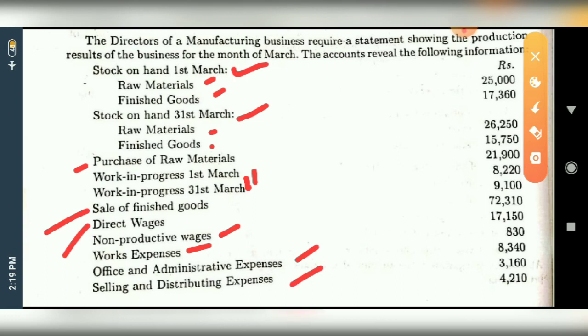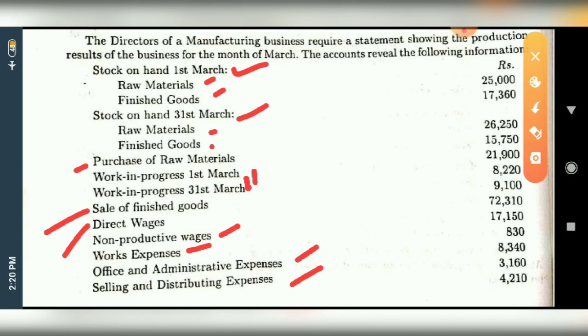You have your format that was written already during our classroom sessions. So refer to that format, and all the elements of costs are given in the theory classes. You go through it once, then this problem will be easier. So let us see its solution now.